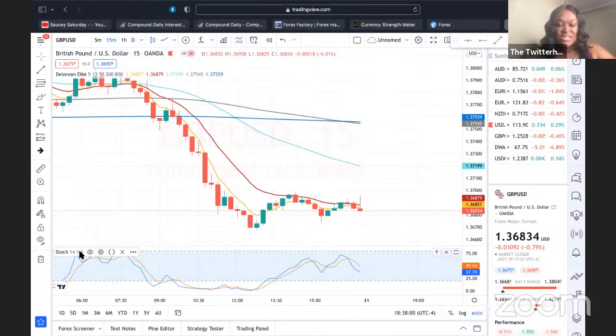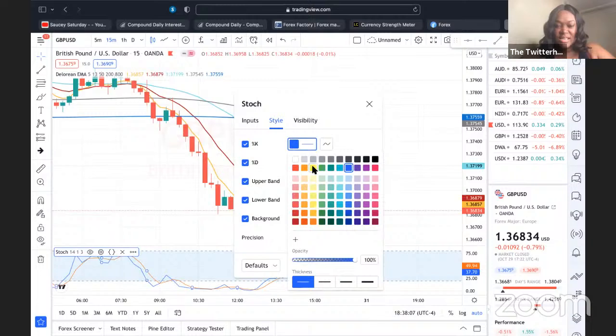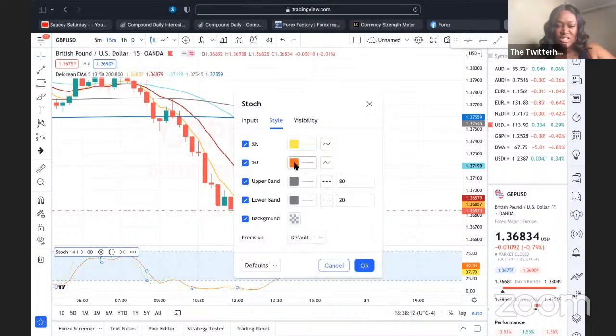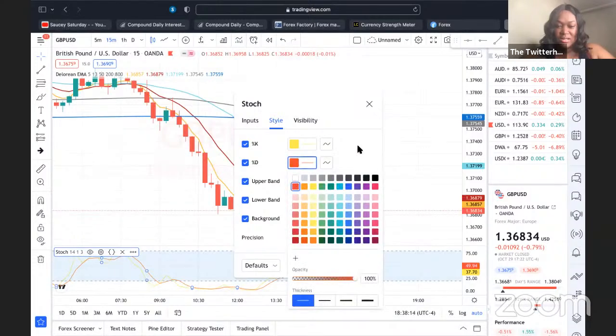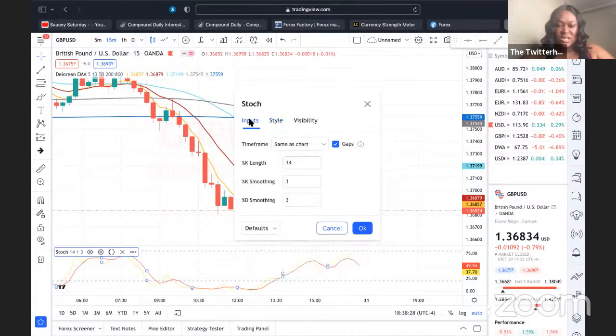So once you have the stochastic, you're going to go to settings. You want to change this to yellow. Want to change this to red. All right, so we have K being yellow, D being red. I'm removing the background, right? And under inputs, I'm going to change it to 14, 3, 3.